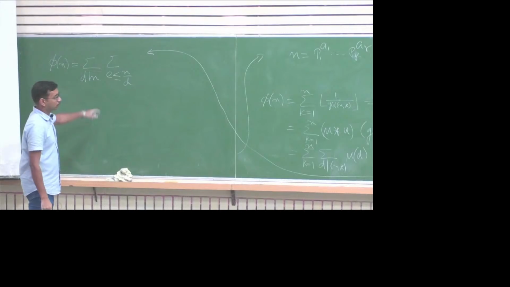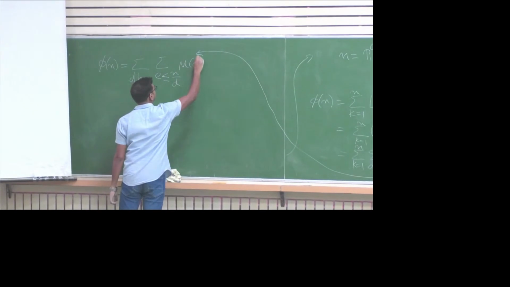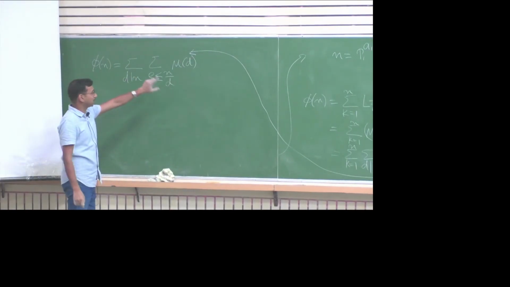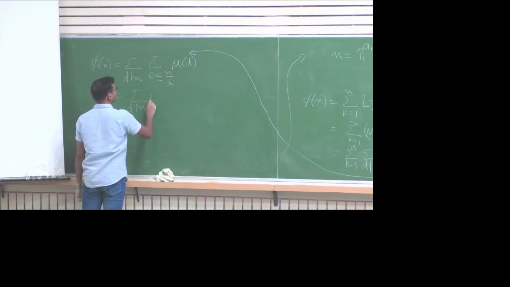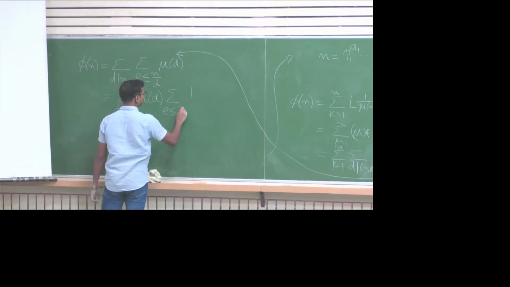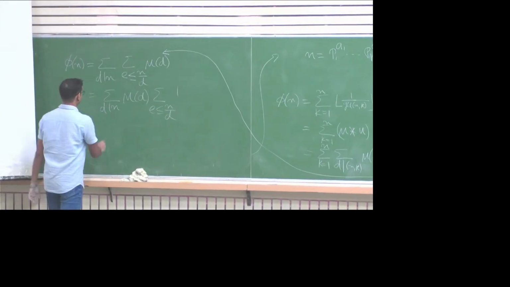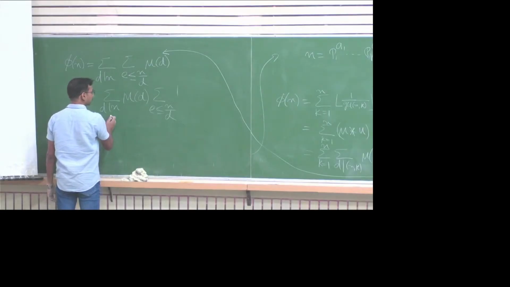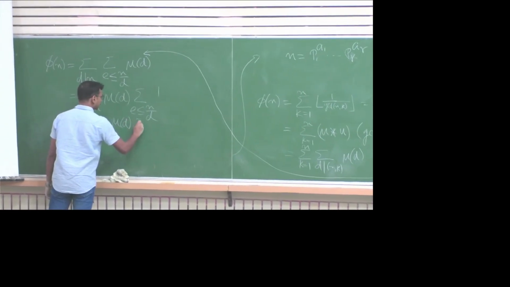And what we have inside is mu of d, which is constant for all of this, so we can take it out first. Then we have here summation over d dividing n of mu d times n by d.